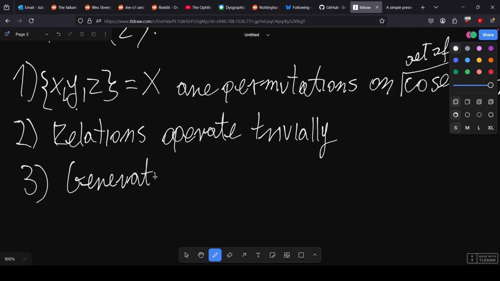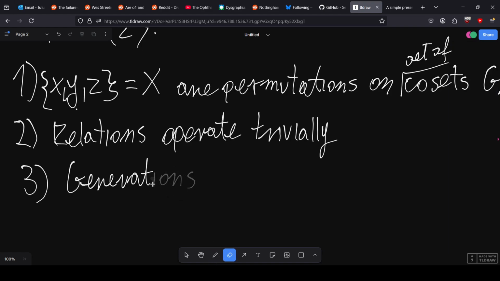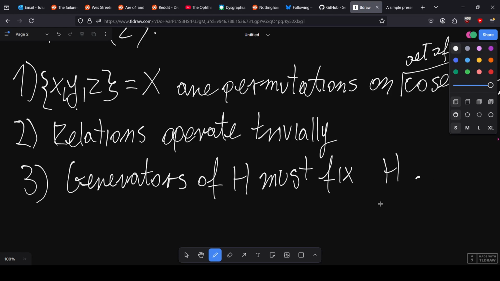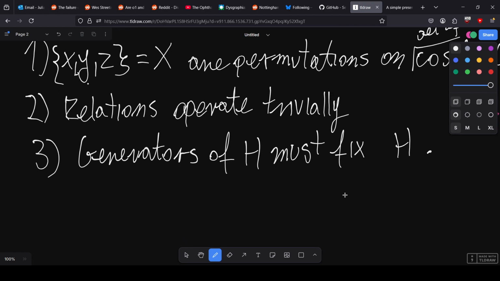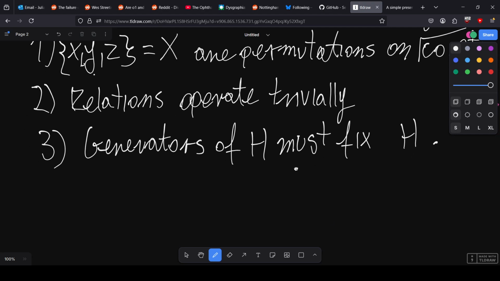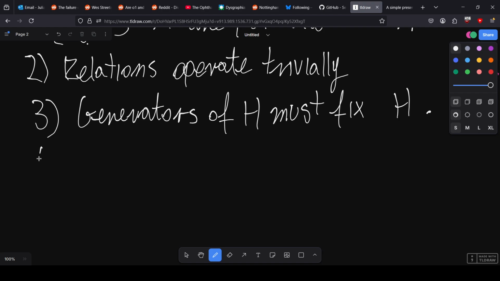Additionally, because we are working with the action of a symmetric group on the set of cosets, generators of H must fix the coset H. Because the coset, for example in this case HZ, or ZH, is only the subgroup H, as subgroups are closed under multiplication.